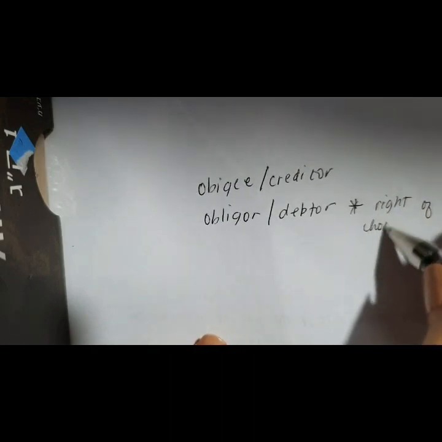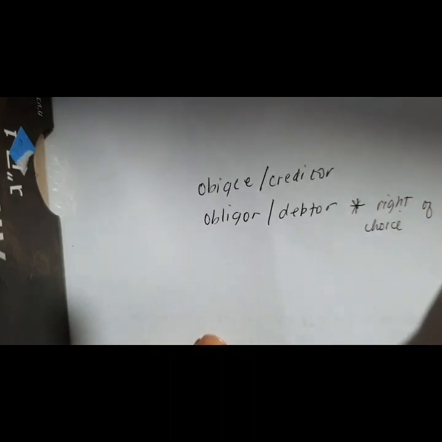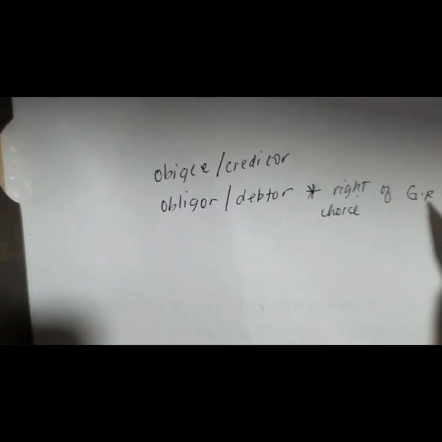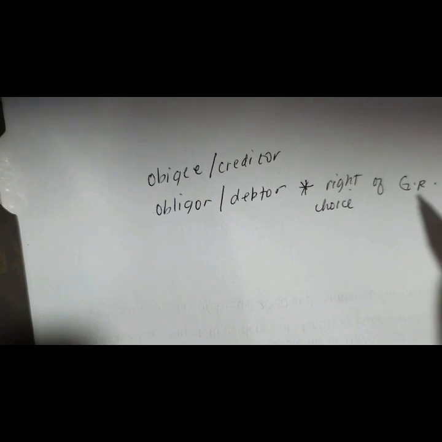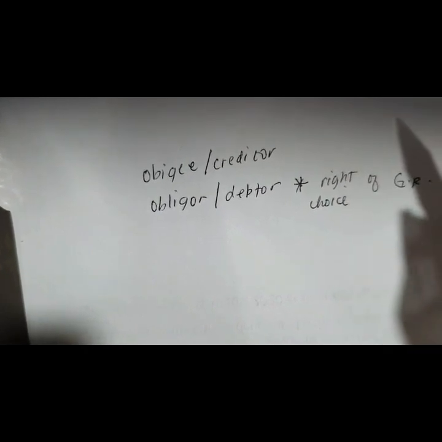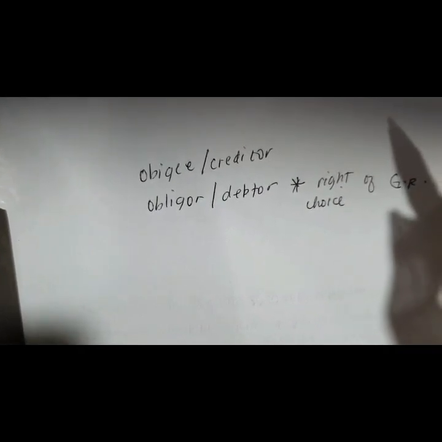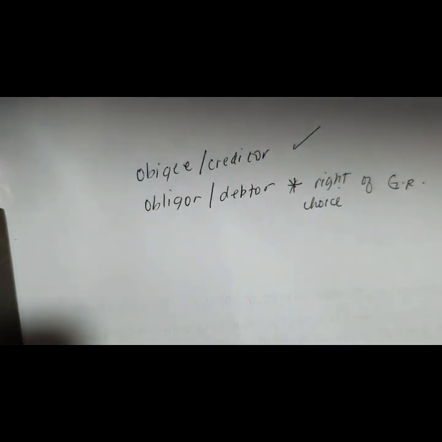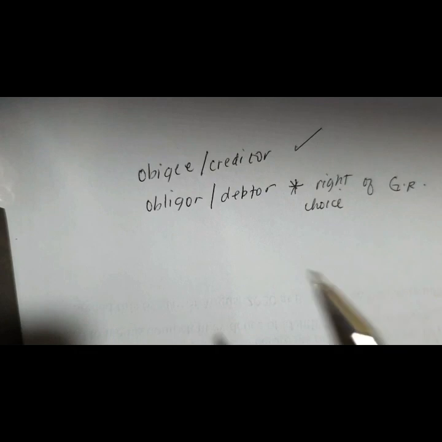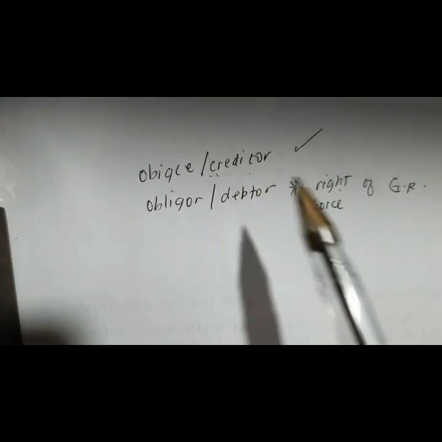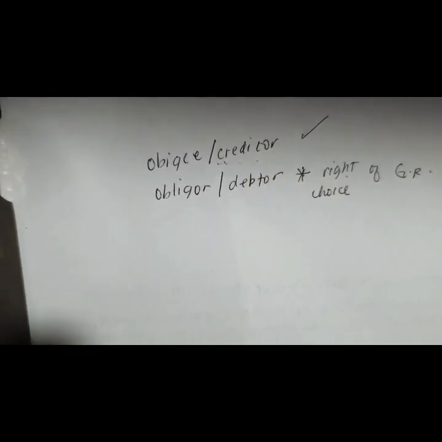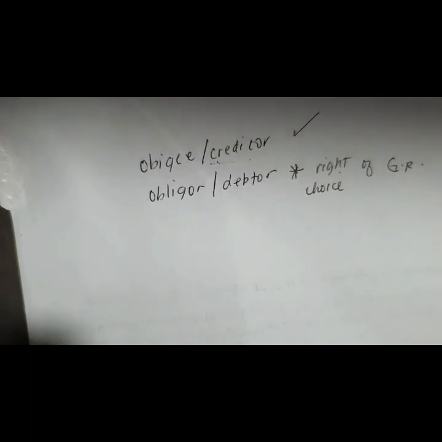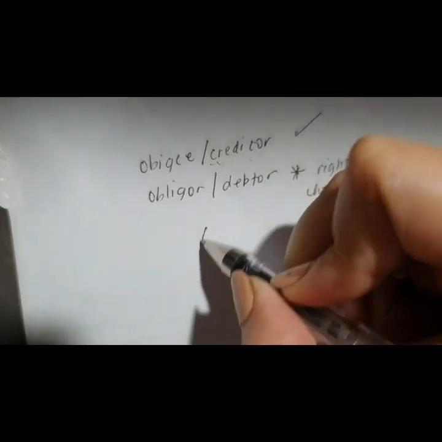Right of choice. Ito ang general rule. Okay? This is only the general rule. As an exception, okay, if the right of choice has been expressly given to the creditor, kailangan expressly given kay creditor. Hindi pwedeng by implication lang. Or hindi pwedeng implied lang. Okay?